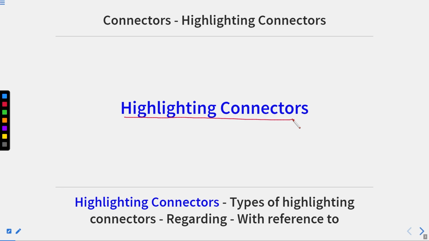So a highlighting connector is actually that particular connector which is introducing that word or a statement or a sentence which is very, very important, which is extremely important for the sentence, for the conversation, for the text or something. When we are highlighting it, it means we are emphasizing and showing that it is very, very important. So this is how highlighting connectors work. They just introduce that particular clause that is actually very important.